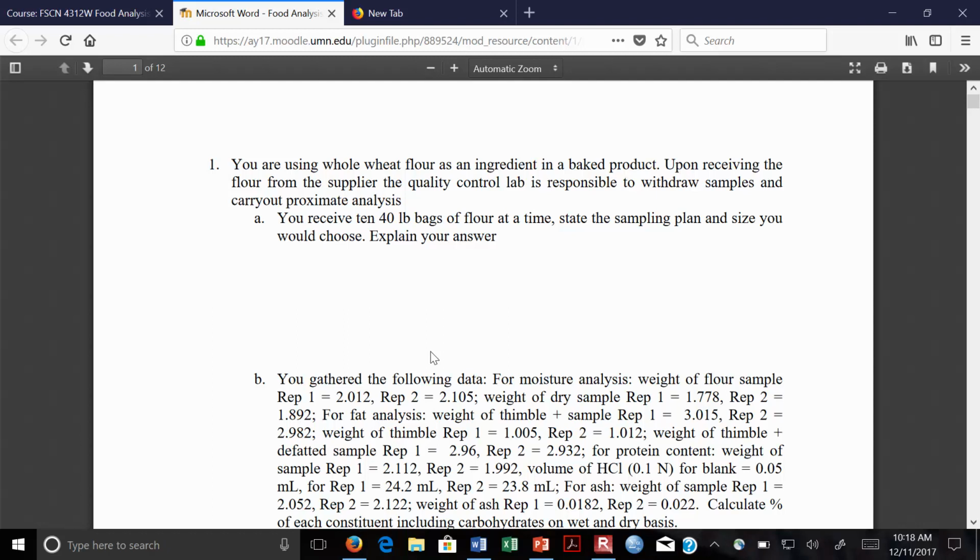These are your steps. And then the importance of drying and defatting is to not interfere with the carbohydrate extraction and measurement.